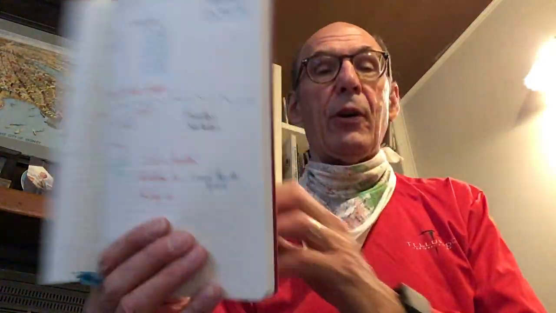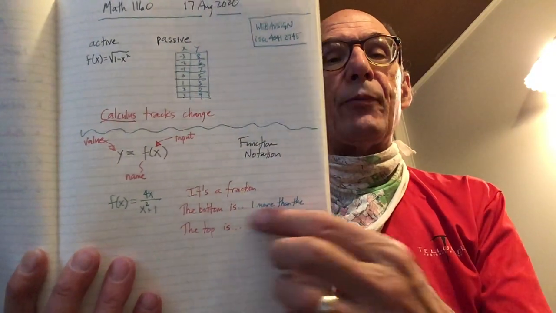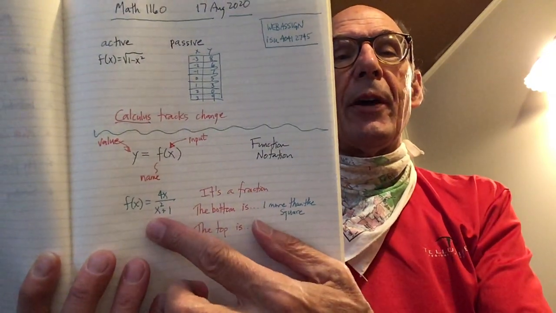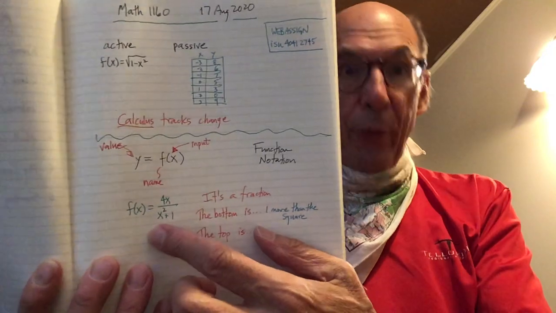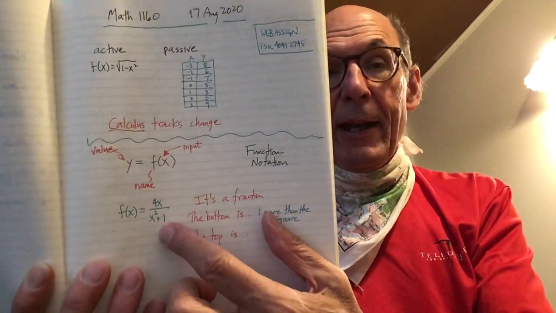Okay, so it's a fraction. The bottom is 1 more than the square. Square of what? Whatever you give it. So in the formula, you've given it x. But whatever you give it, the bottom is 1 more than the square. There's the bottom: x squared plus 1 is the formula for it. But what you've done is taken the square and added 1.